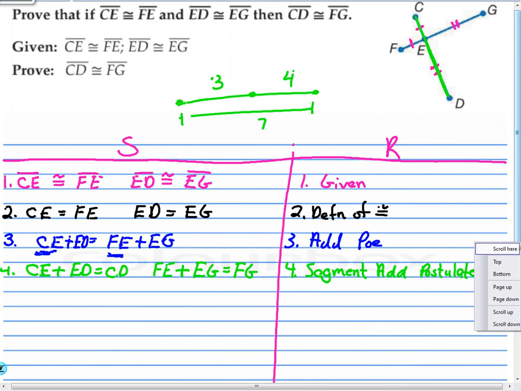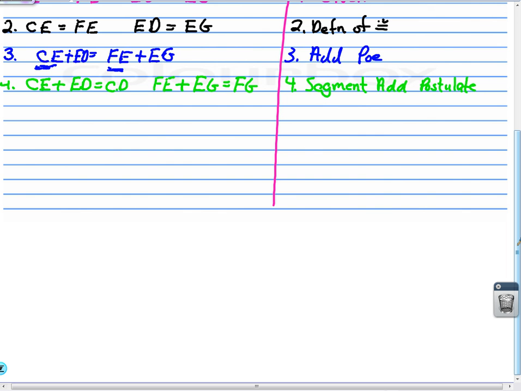So look at our last 2 steps. In step number 3, I said CE plus ED is equal to FE plus EG. Well, hang on a second. Look what CE plus ED is equal to. Look what FE plus EG is equal to. And you're trying to prove here that CD and FG are congruent. You see what my next step is going to be?